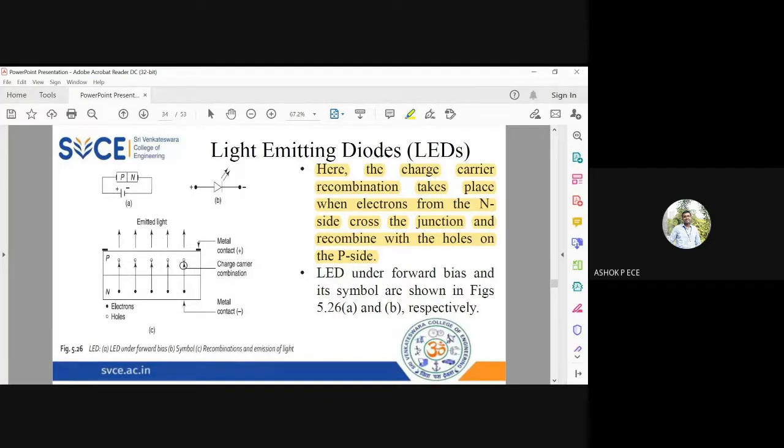So the charge carriers will recombine, which will result in production of photons. The recombination of electrons and holes takes place in the depletion region, which will result in the emission of light. And remember, LEDs are always forward biased, and the symbol of LED is shown here.